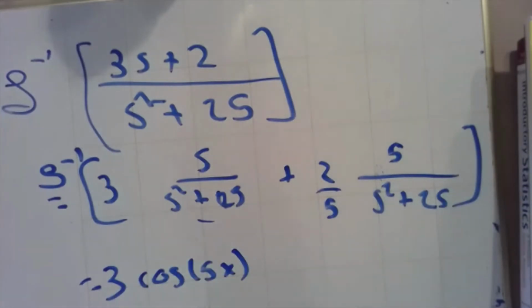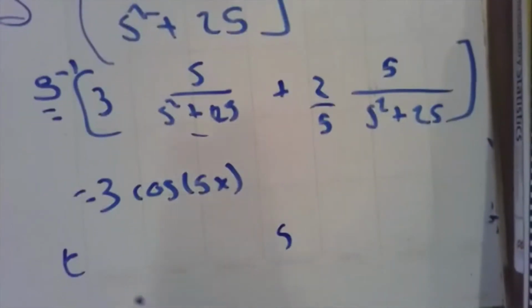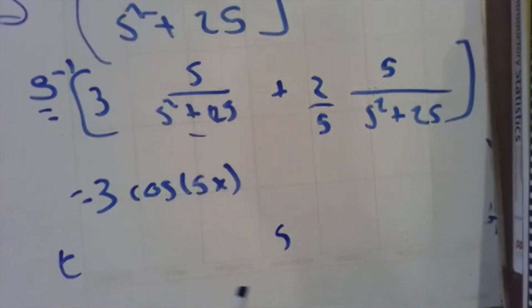Sometimes we call it, when we were doing this last week, I had t on this side, s on this side. This particular chart I'm showing you uses x and s. That's irrelevant. Don't stress too much about that.